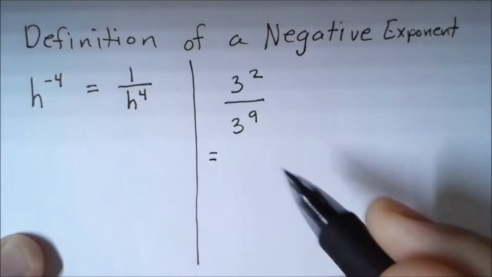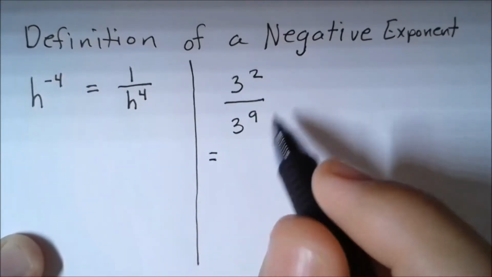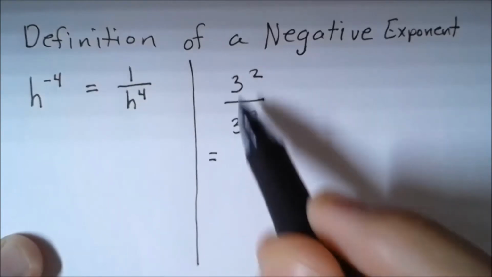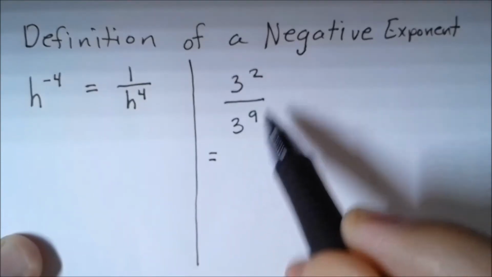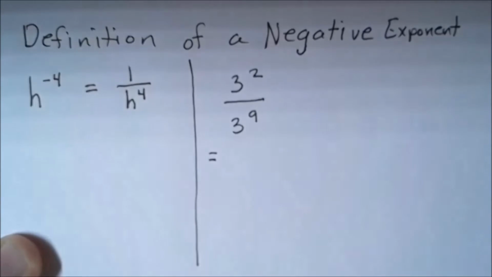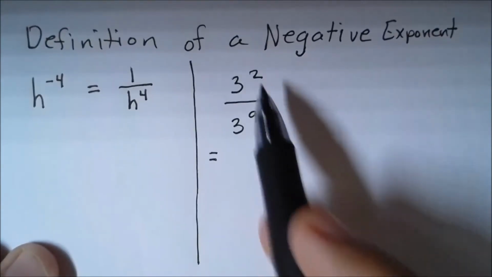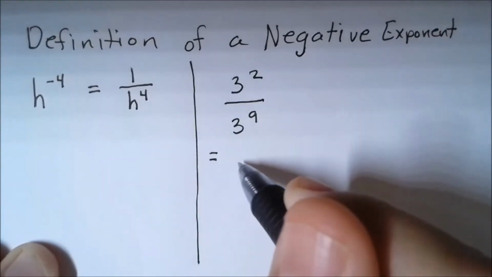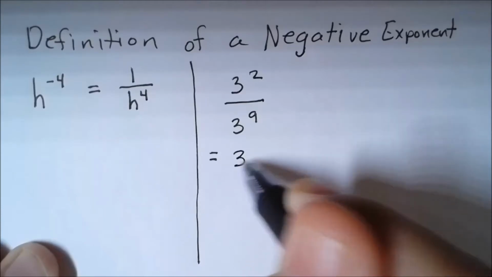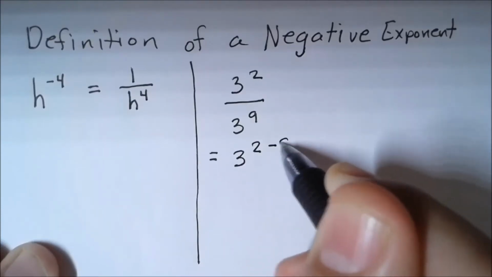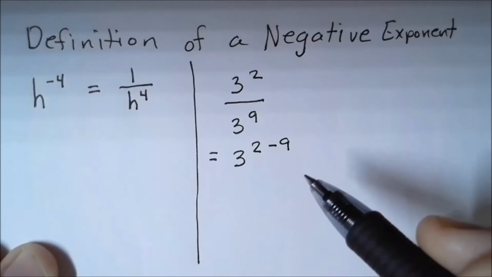So when you have one like this, we're going to use our rule here, and it says that whenever we're dividing bases of the same value that have different exponential powers, we just subtract the denominator's power from the numerator's power. So I'm going to go ahead and write 3 to the power of 2 minus 9.